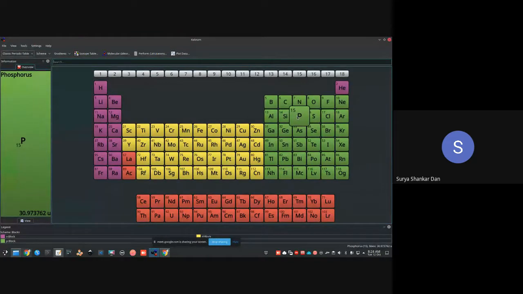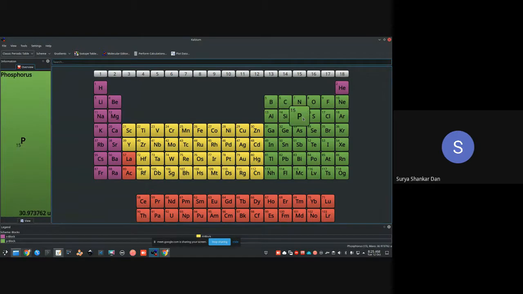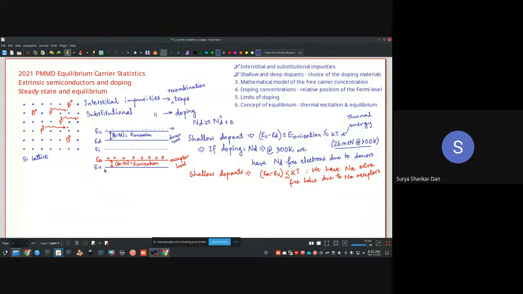Okay, so this explanation is from the perspective of IC fabrication. Now from the perspective of an IC designer or device designer like myself, I will be going into the modeling and device physics. So in addition to solid solubility, for boron it is EA, and for phosphorus it is ED, the acceptor energy level and the donor energy level, whatever we have drawn over here.